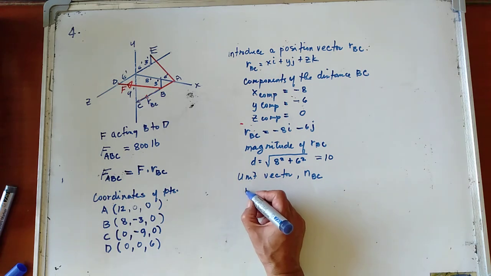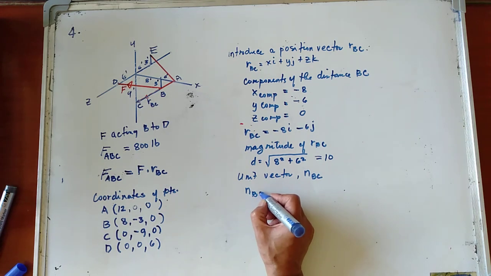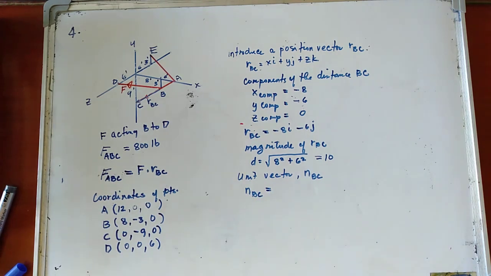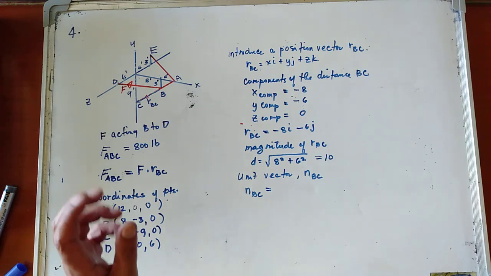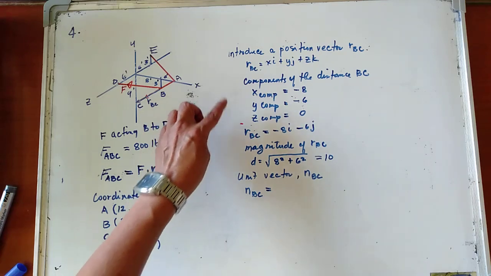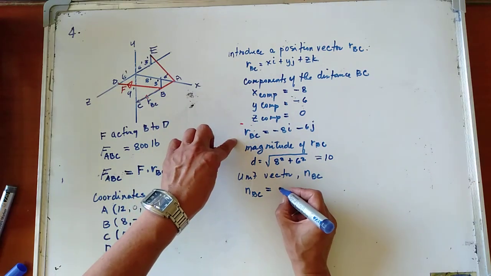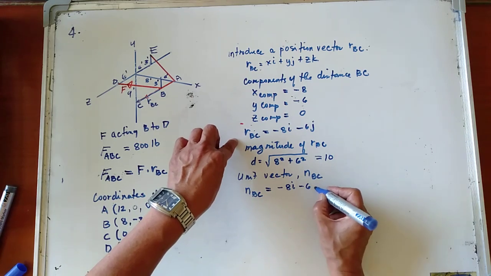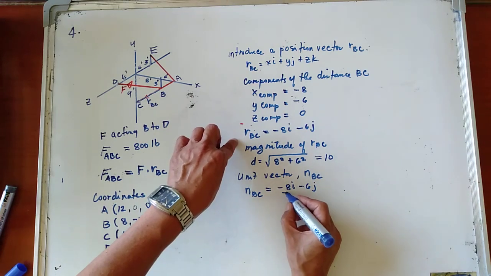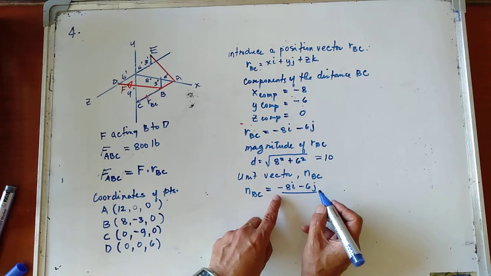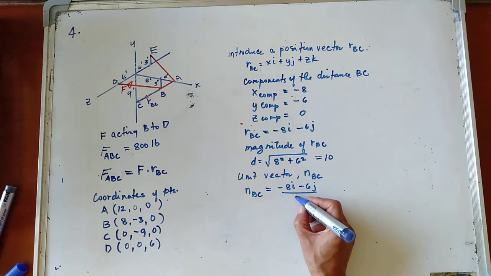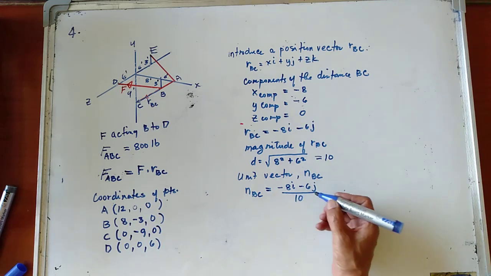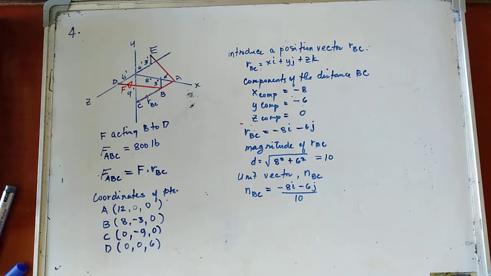The unit vector nBC is now equal to the position vector BC, that is minus 8i minus 6j, all over the magnitude of this position vector, which is equal to 10.